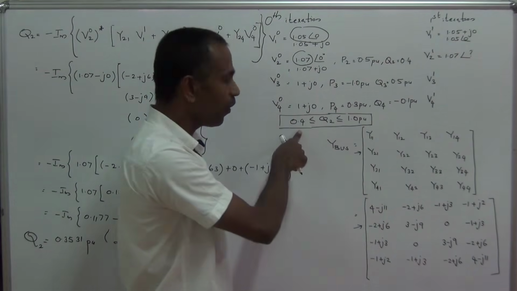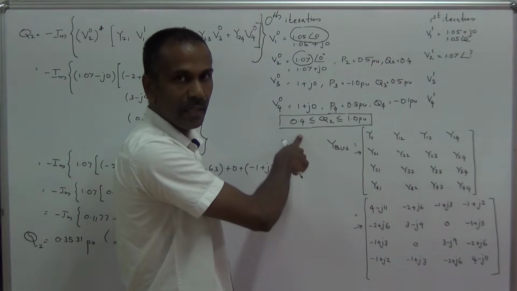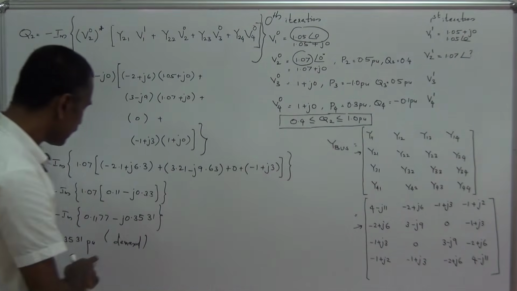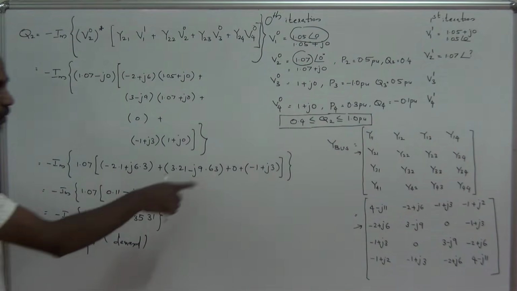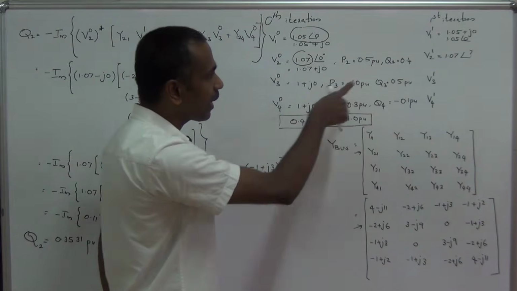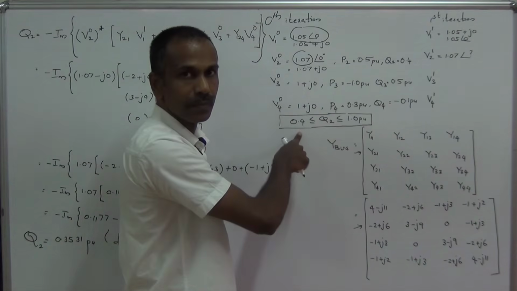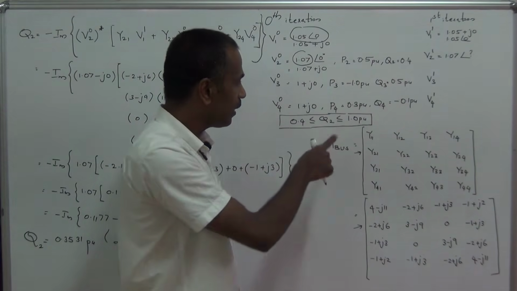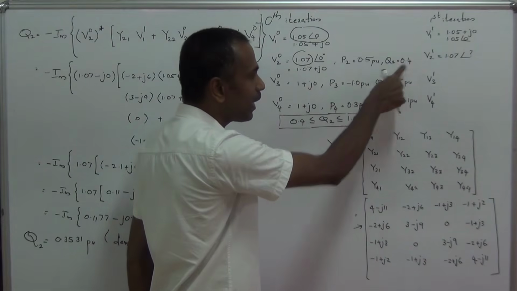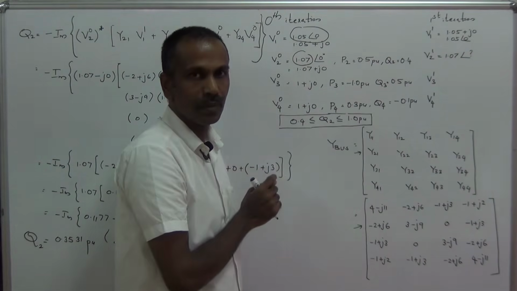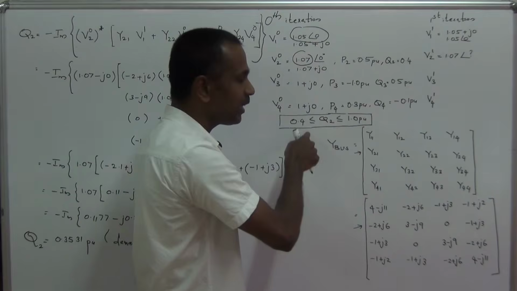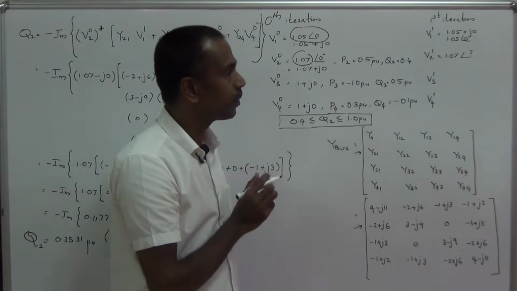This is the minimum value of reactive power the machine can produce. If the demand is less than the lower limit, then you set the reactive power at its lower limit. If the demand is more than the upper limit, then you set the reactive power at its upper limit.